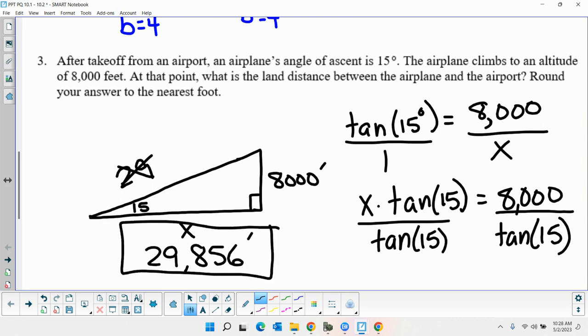That's the land distance. So, how many miles is that? How many feet in a mile? 5,280. So I have to divide by 5, right? Almost 6 miles. Between 5 and 6 miles. Just a quick extra for you. So far, so good. Pretty easy, huh?